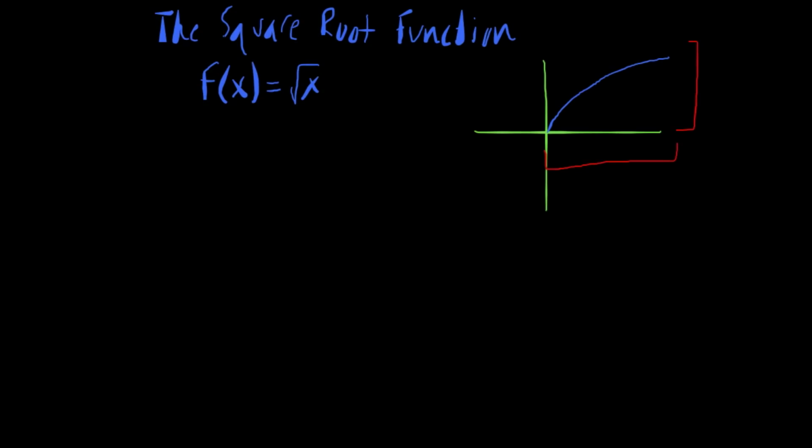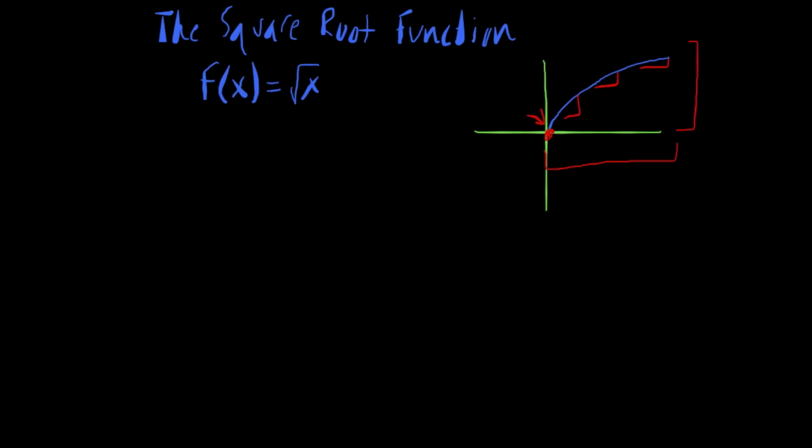The y-intercept of this function is 0, 0, and it is increasing on its interval of 0 to infinity. The relative maximum and minimum is that it has an absolute minimum at 0, 0. It is continuous, and it is neither odd nor even.